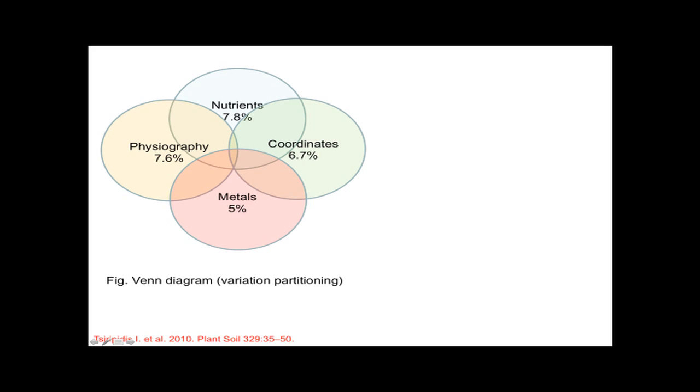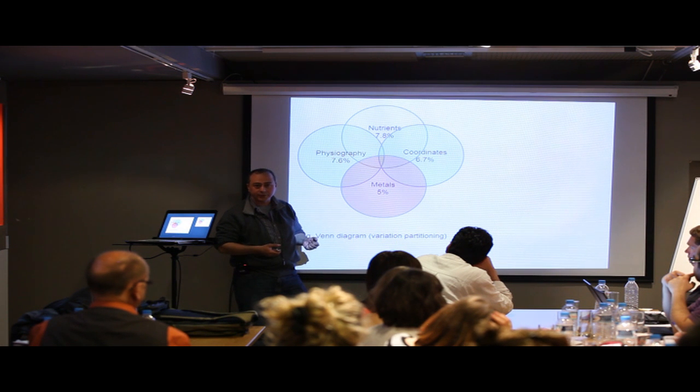I must say that coordinates have been used in the analysis because they catch some differentiation that was not described by the explanatory variables we have used. For instance, coordinates may represent disturbance regimes, grazing, and other things.